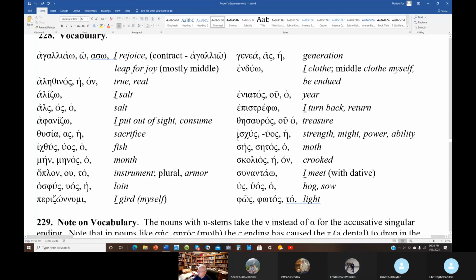And that's strength, might or power or ability, right? So that's another word for strength. Sais, that's a moth, like the moth would eat the clothing.